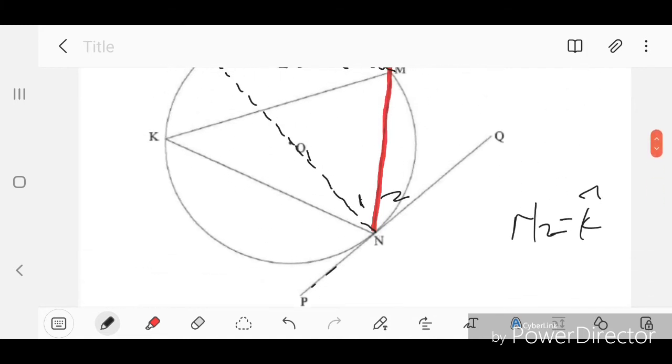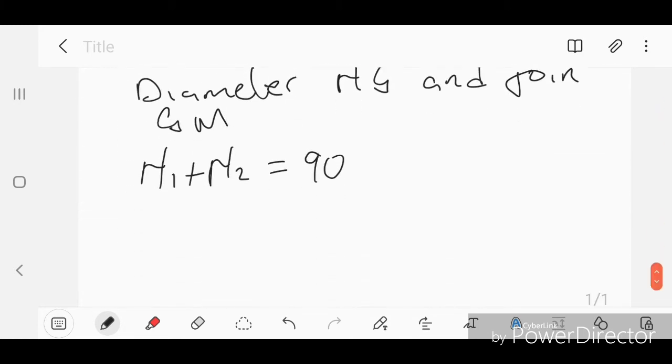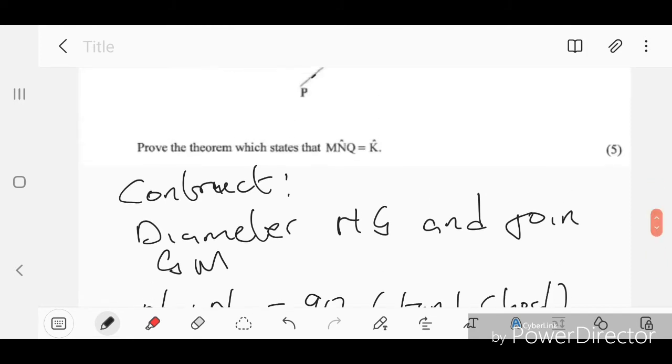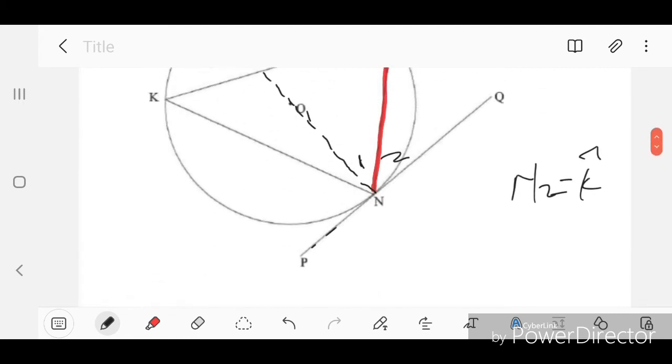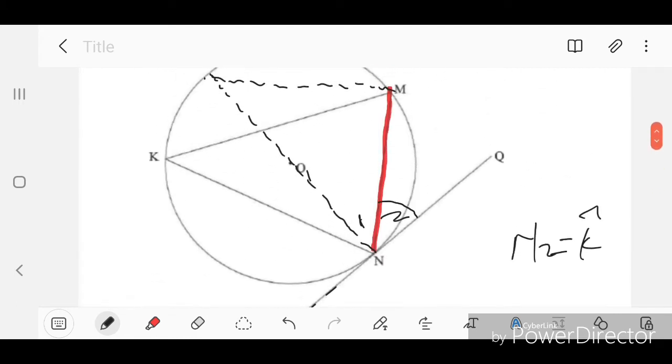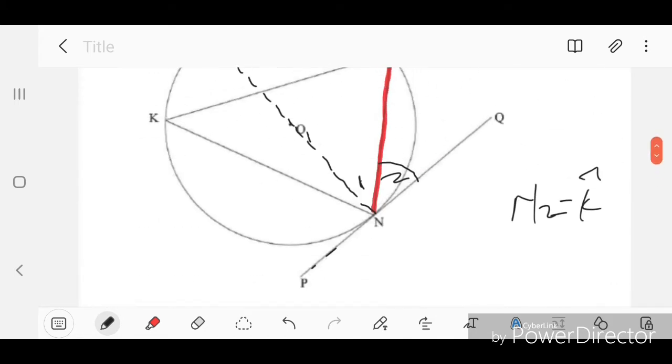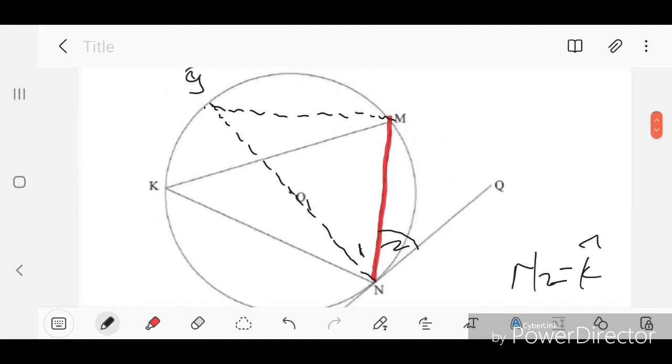The angle between the radius and the tangent is always 90 degrees. So that's the reason: radius perpendicular to tangent. All right, and then we're going to write this in terms of N2. Remember, this is what we want to prove. So from this you can say N2 equals 90 minus N1, right? We have proved that N2 equals 90 minus N1.